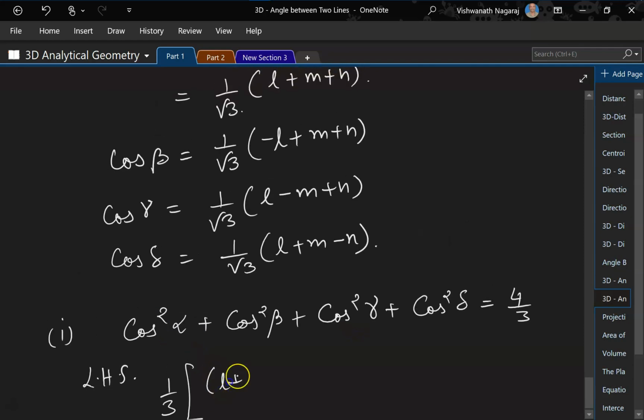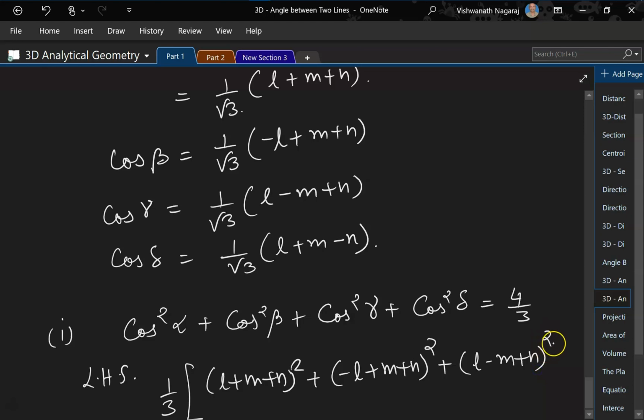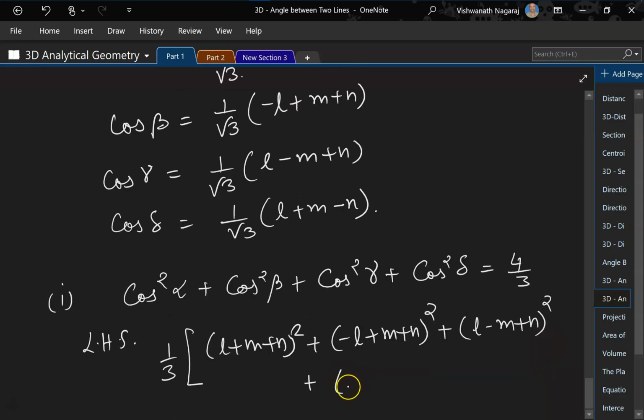So (l plus m plus n) square plus (minus l plus m plus n) square plus (l minus m plus n) square plus (l plus m minus n) square, right?